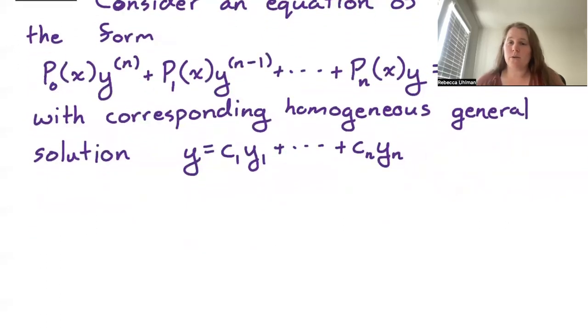Just like with second order, the way we will run variation of parameters is we will replace those unknown constants with unknown functions of x.